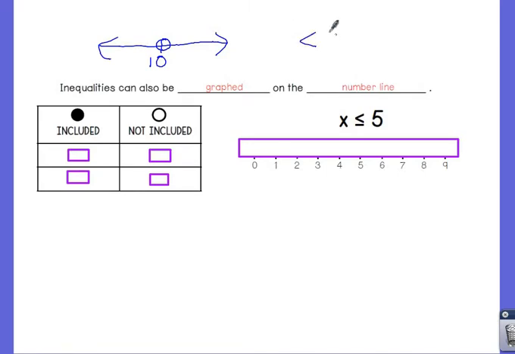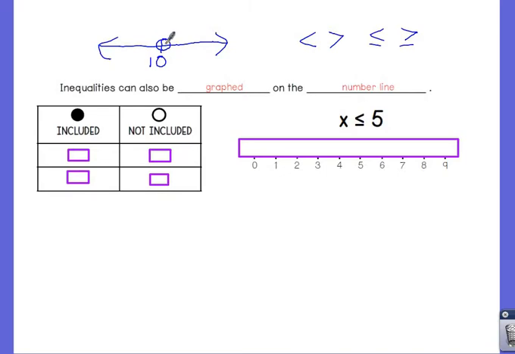Now, here's where I need you to not shout out. I want you to wait and use your brain before answering. So you're waiting and thinking when I say the next statement. If I said I will give you less than $10, can I give you exactly $10?